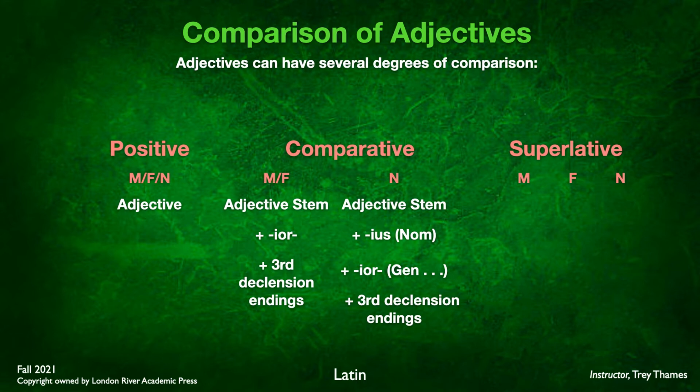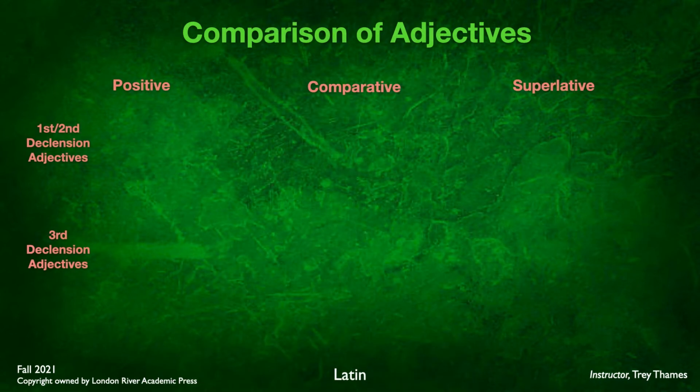Now, for the superlative, it's fairly easy. We'll take the adjective stem, and basically it's the -us, -a, -um endings, but it's actually the infix -issim- plus -us, -a, -um. So -issimus, -a, -um. This works for both first and second declension adjectives as well as third declension adjectives. Let's take a look and see what this looks like.